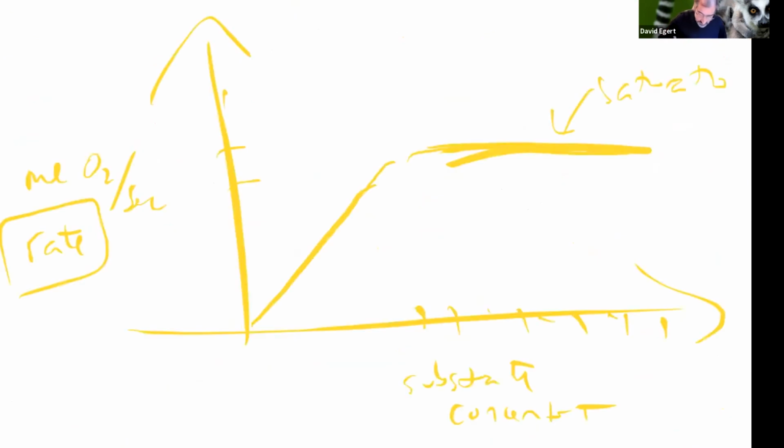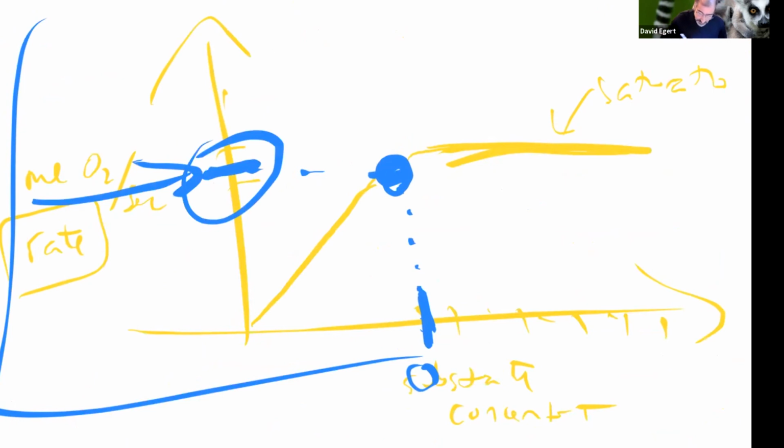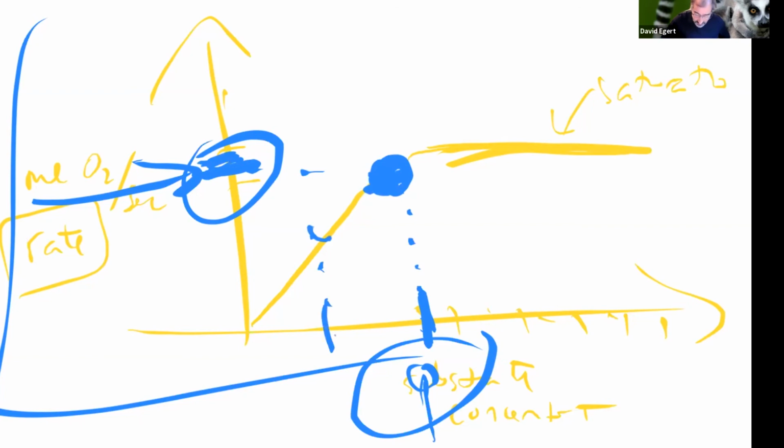Then you go onto this graph, and for any particular point, that is going to be that rate. For whatever trial that was, whatever substrate concentration you used, you calculate that rate, there's the dot. You'll do another trial and calculate another rate, and that will be that dot.